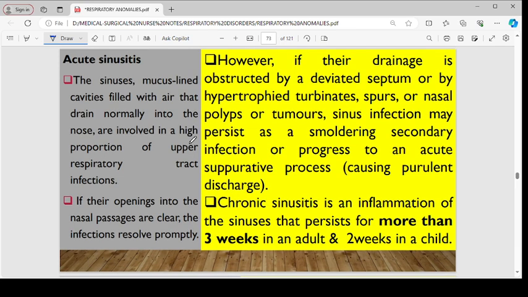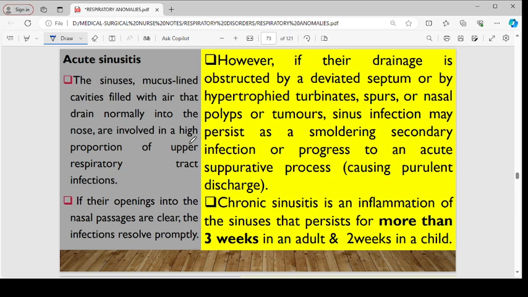As for acute sinusitis, the sinuses are mucus-lined cavities filled with air that drain normally into the nose and are involved in a high proportion of upper respiratory tract infections. So if these openings into the nasal passages are clear, the infection resolves promptly.